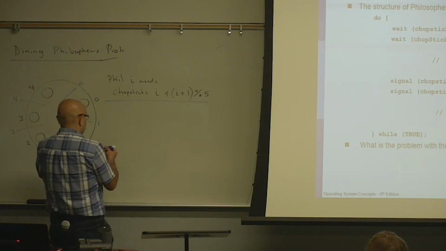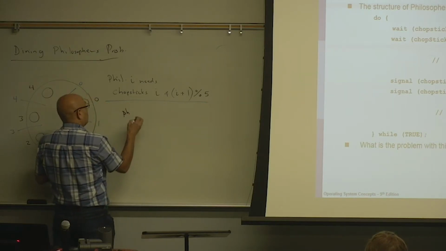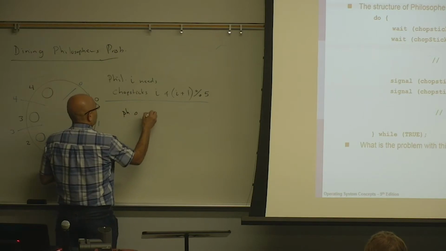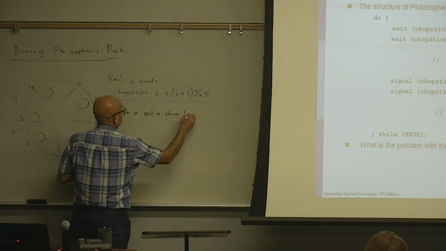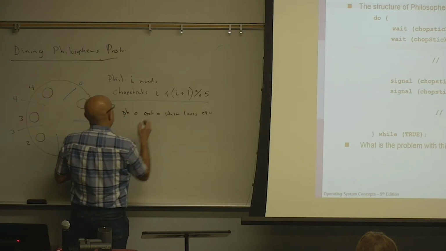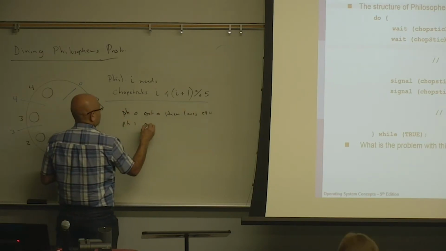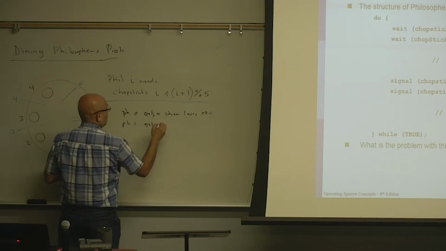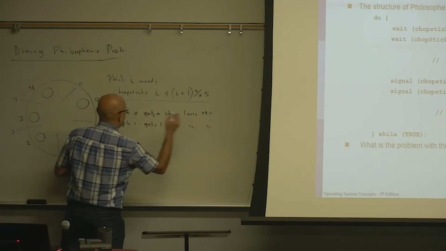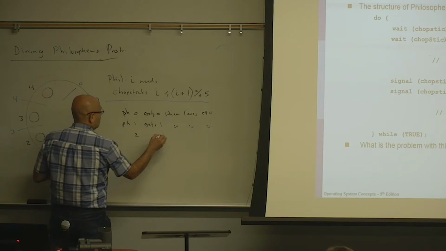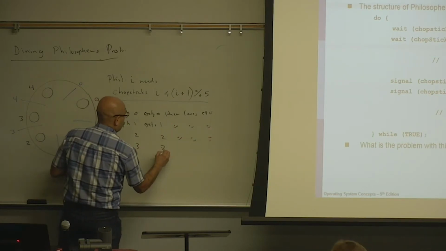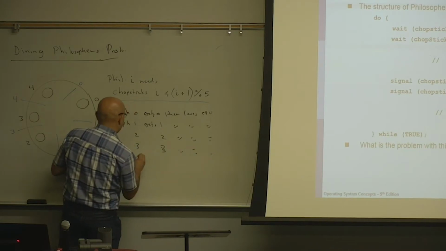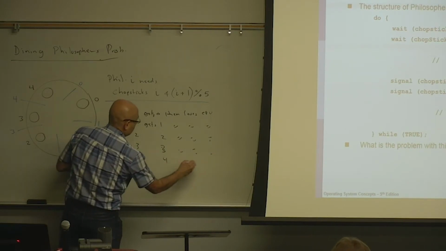So if philosopher 0 gets chopstick 0, then loses the CPU. And philosopher 1 gets chopstick 1, then loses the CPU. Philosopher 2 gets 2 then loses the CPU, philosopher 3 gets 3 then loses the CPU, and 4 gets 4 and loses the CPU.